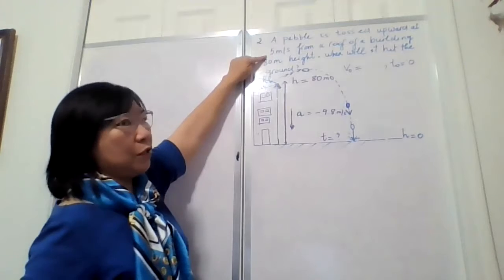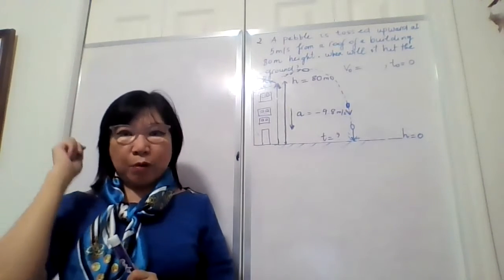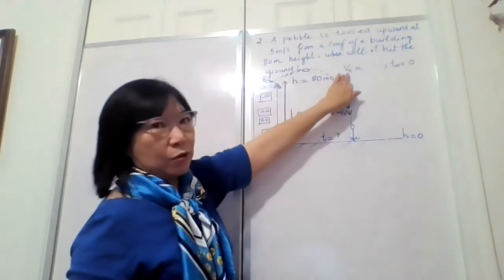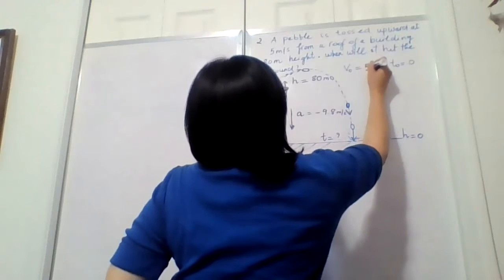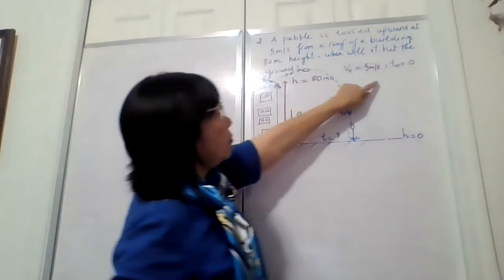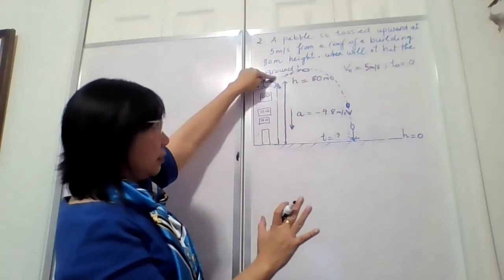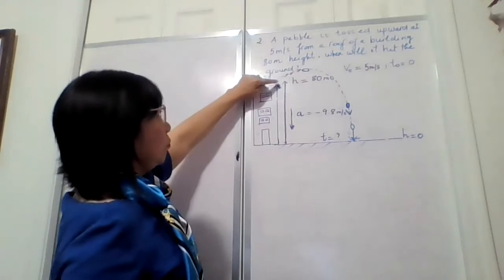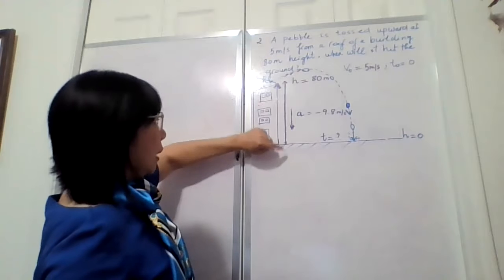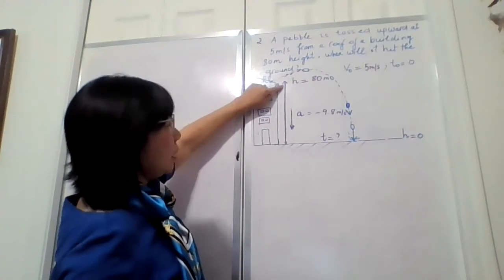It has an initial velocity, and let's set the same convention: upward is positive and downward is negative. So the initial velocity is V0 equal to positive 5 meters per second. At time zero, he hasn't tossed the pebble yet. On the diagram, I have shown an upward arrow standing for the height of the building.